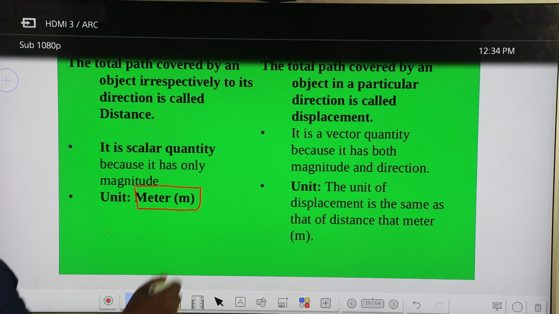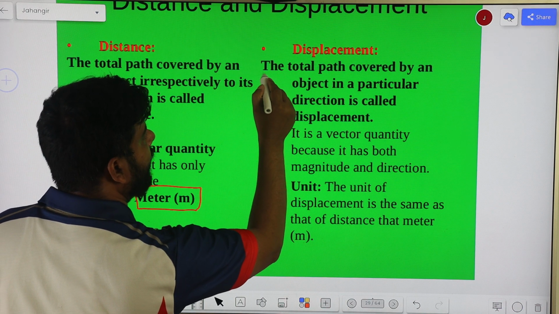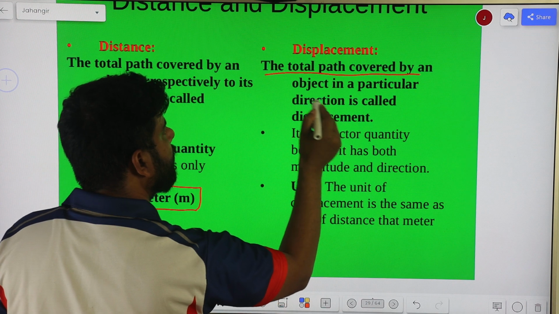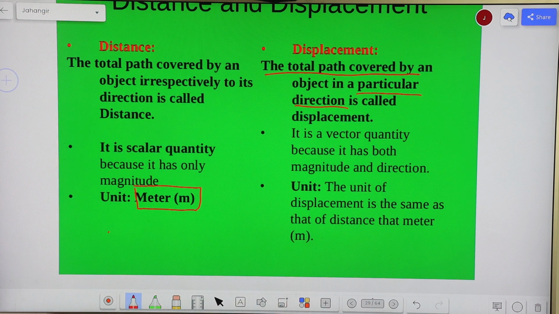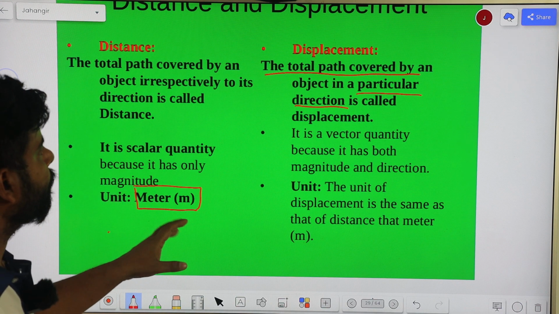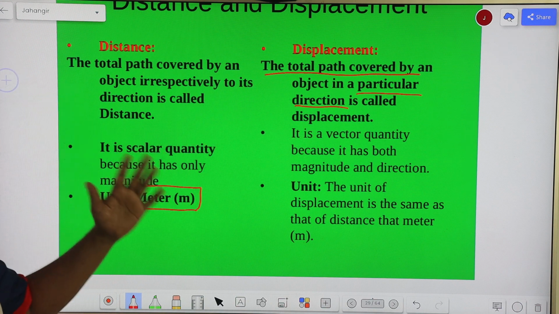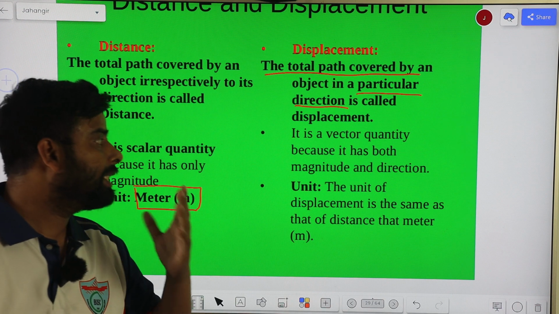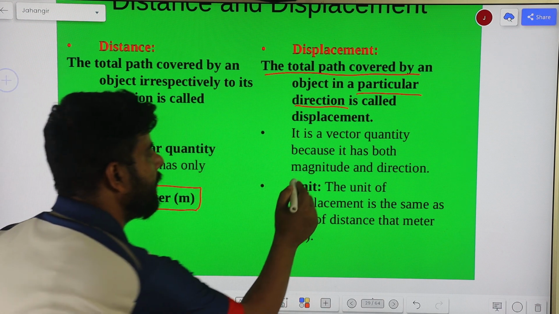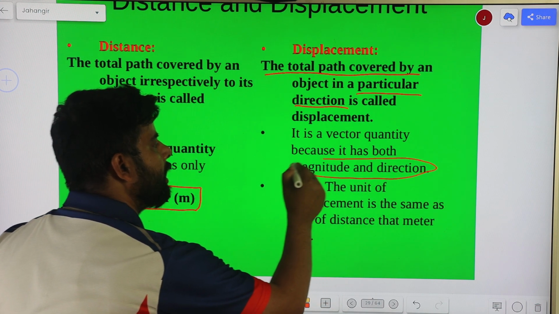On the other hand, the total path covered by an object in a particular direction, meaning in a specific direction, is called displacement. Displacement is a vector quantity because it has both magnitude and direction.